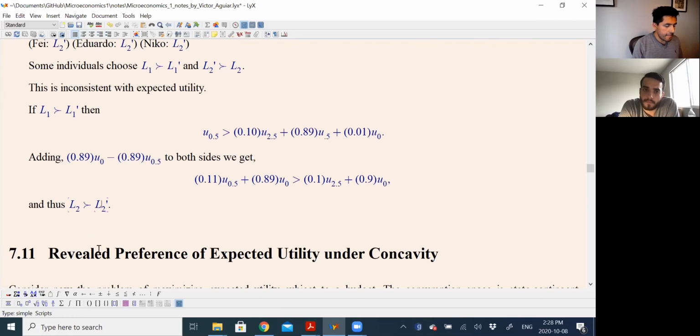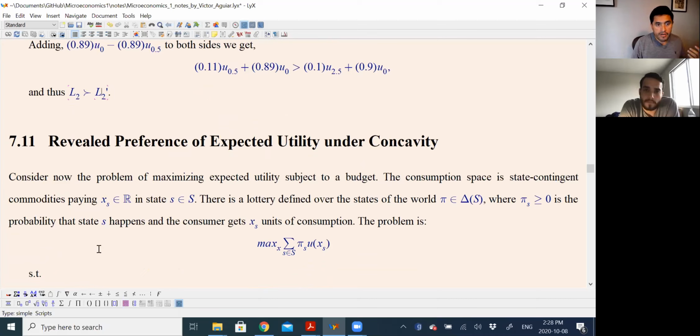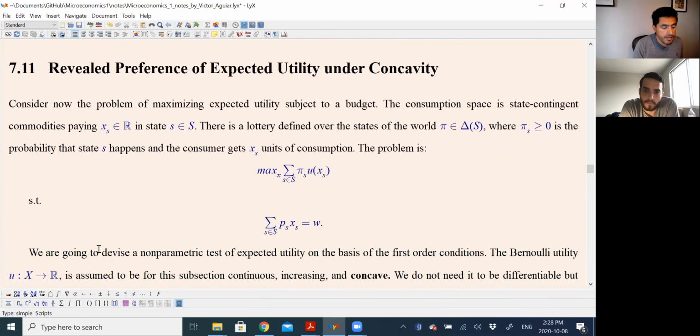Okay, so I'm going to tell you now the revealed preference part and an experiment. Now consider the problem of maximizing. We're going to put together this chapter with the chapter on consumer maximization. So you're maximizing expected utility across the states. And now the goods are contracts that give you money for each state of the world.